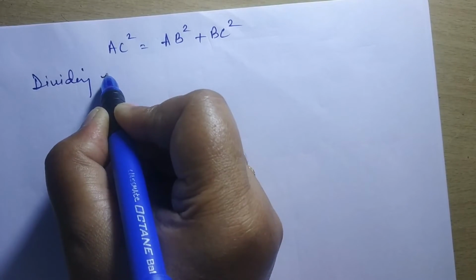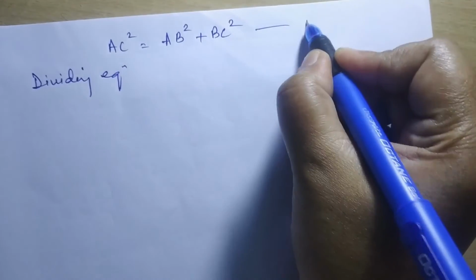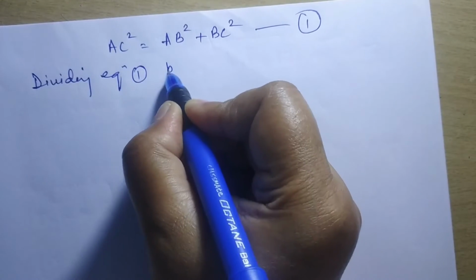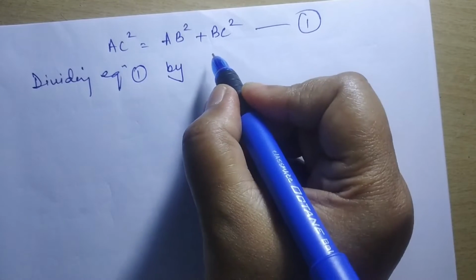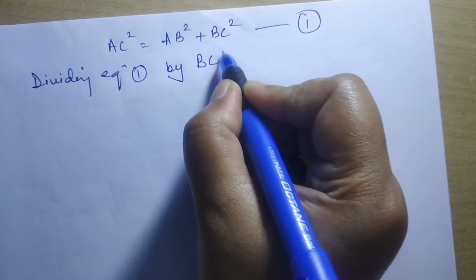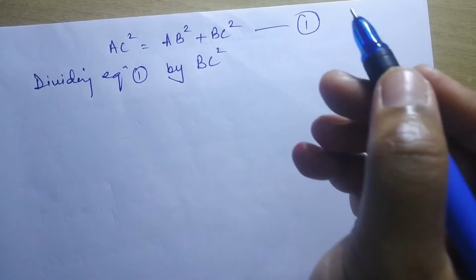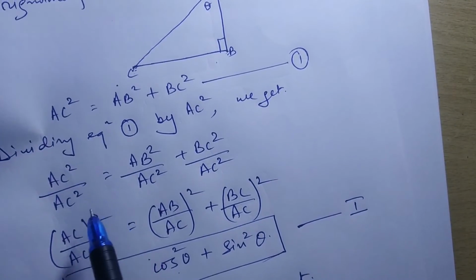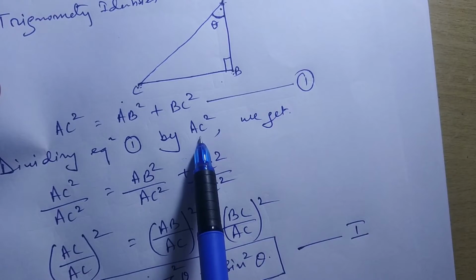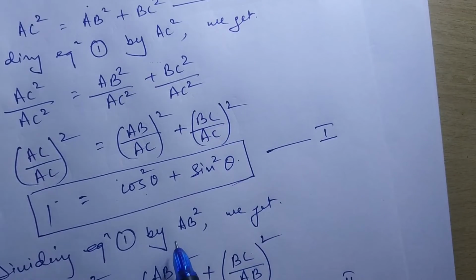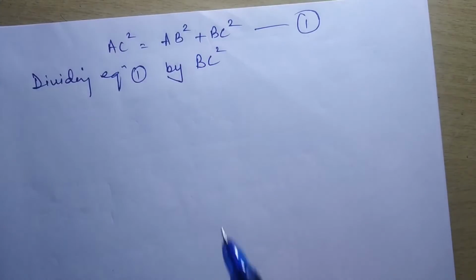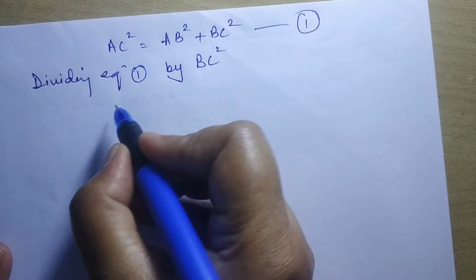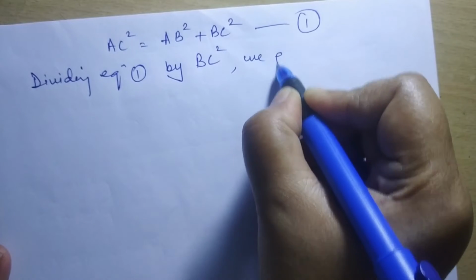Dividing equation 1 by what will you divide now? What was left? BC square. Here we have already divided first with AC and then with AB. Now we will divide it by BC.